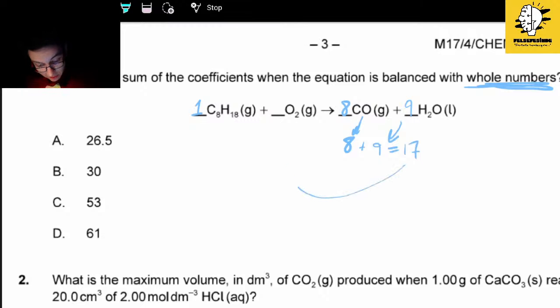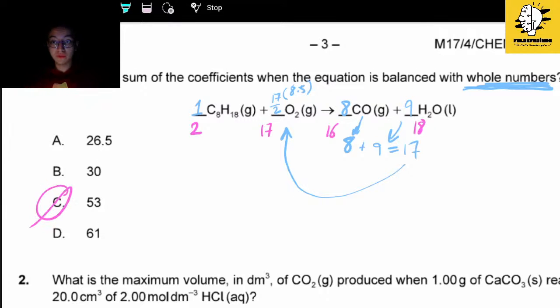To make 17 here, I have to write 17 over 2, meaning this is going to be 8.5. But the question already says we have to use whole numbers. So because of this, it is going to be multiplied by 2. So this will be 2, this will be 17, this will be 16, and this will be 18. When we sum those up, we get 53.